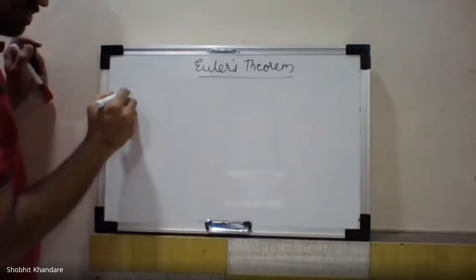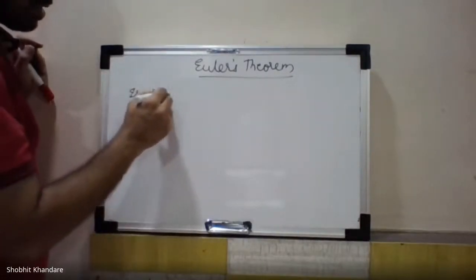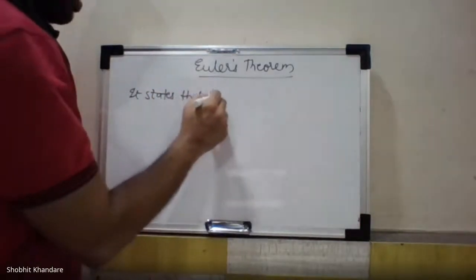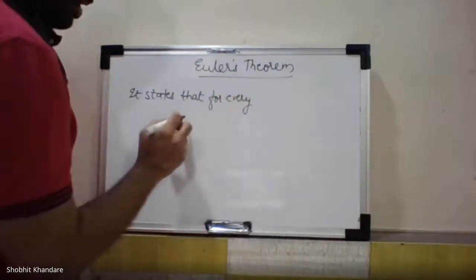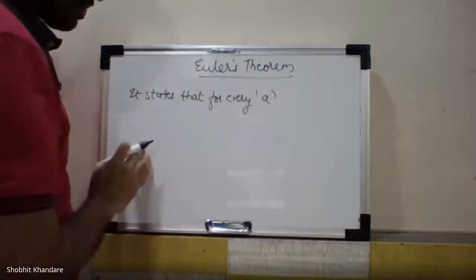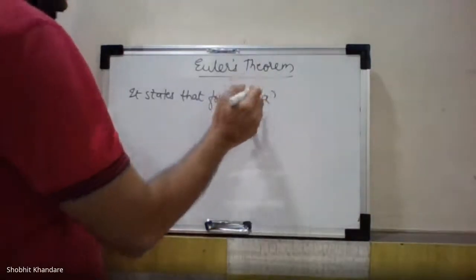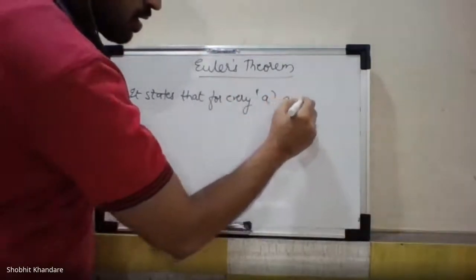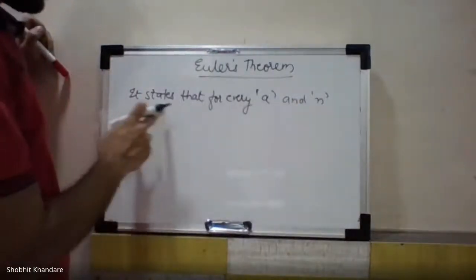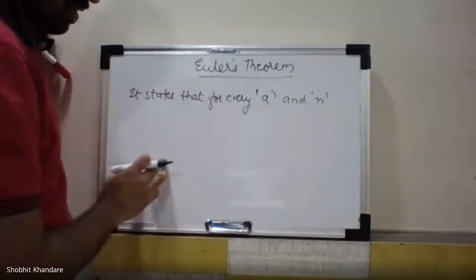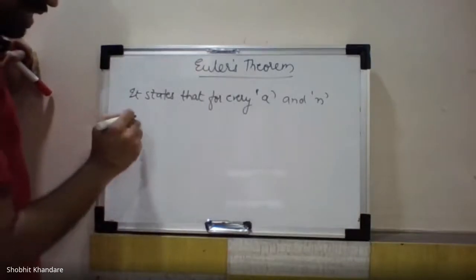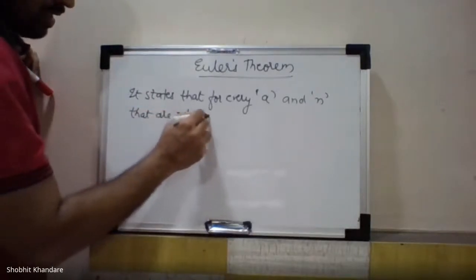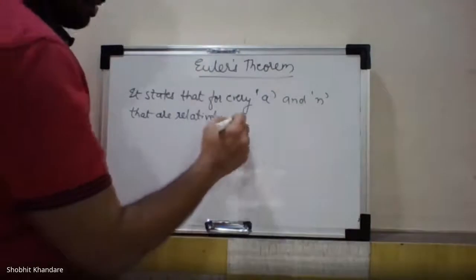It states that for every a and n, in curly brackets, in double quotation, please write down small a and n, that are relatively prime.